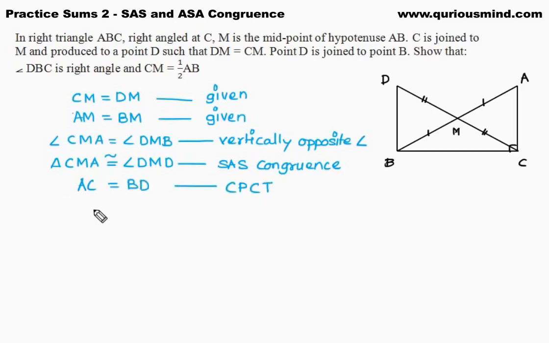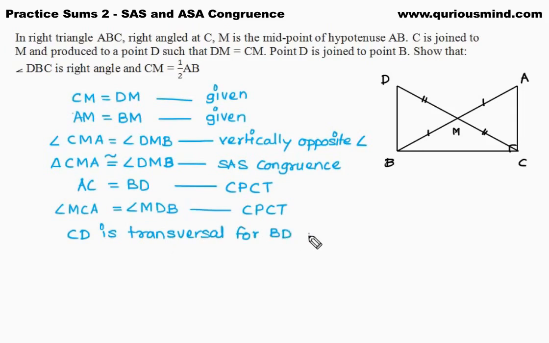We also know angle MCA is equal to angle MDB by CPCT. If you see, CD is transversal for BD and AC. We also see that angle MCA and angle MDB are alternate interior angles.